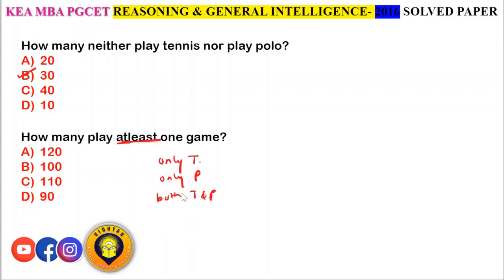Also you can take above one also. Okay, more than one also you can consider. So therefore both tennis and polo will also be considered. So only tennis were 40, only polo were 30 and both tennis and polo were 20. So at least one game means how much? 90. So you have to find the number of students who play the games, that is 90 here.